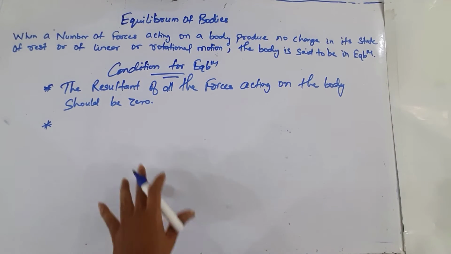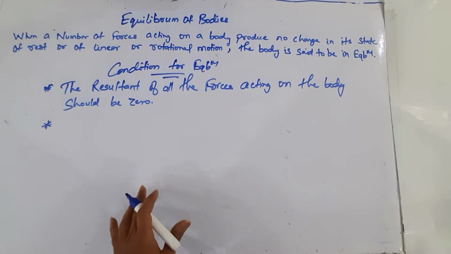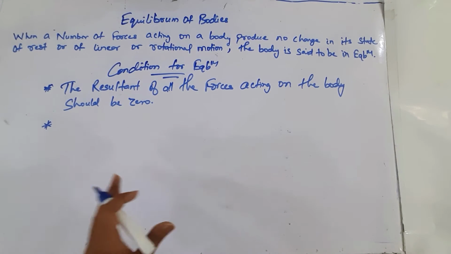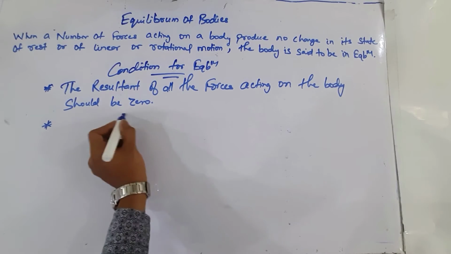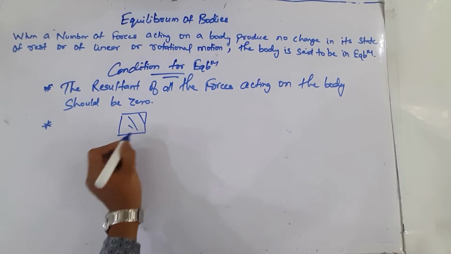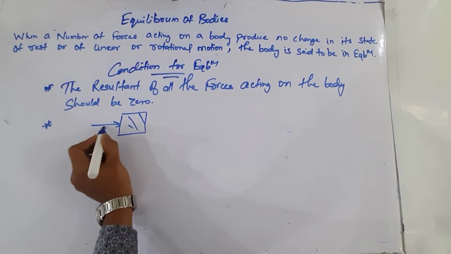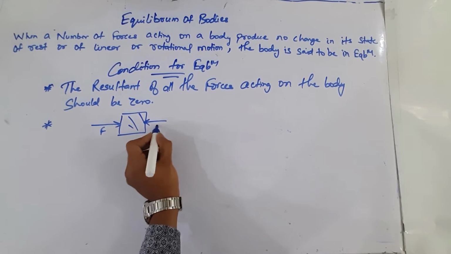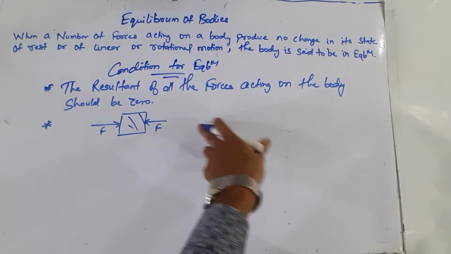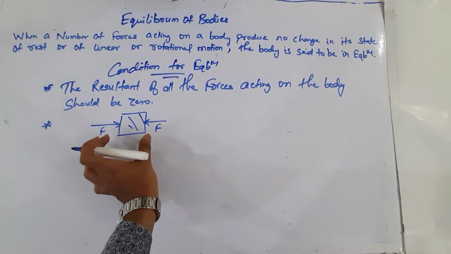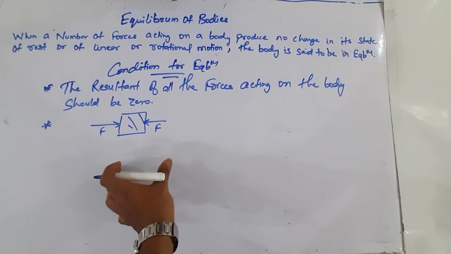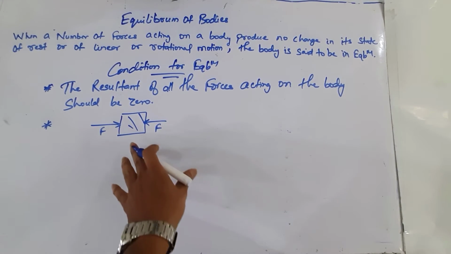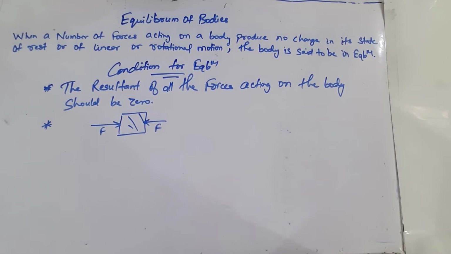That is, when a number of forces act on the body, the resultant force should be equal to 0. As we have discussed, suppose there is a body and a force acting along this direction and another push force is acting from this direction. Both these forces are counteracting, that is, they are balancing each other. So there is no net displacement of the body.